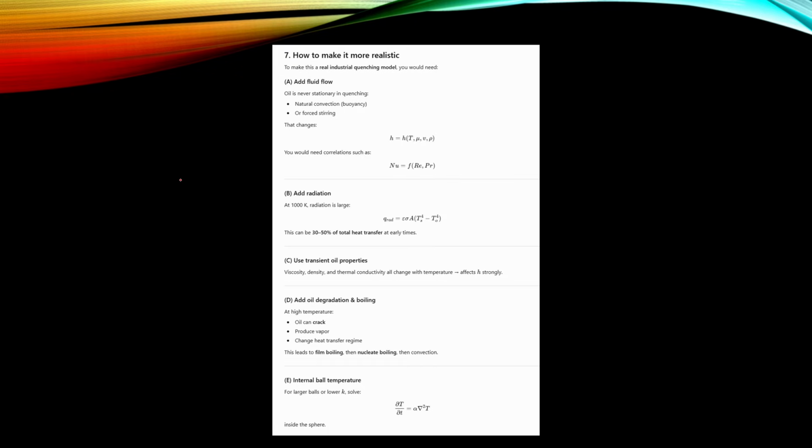You can also work with heat transfer coefficient calculation. When the oil is warming up you will have natural convection, but if you have a fan rotating this oil you will be working with forced convection. In some cases you may be also interested in ball internal temperatures. Then you need to solve this ball temperature equation.